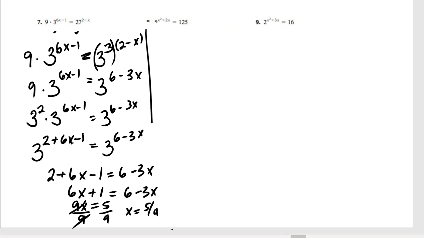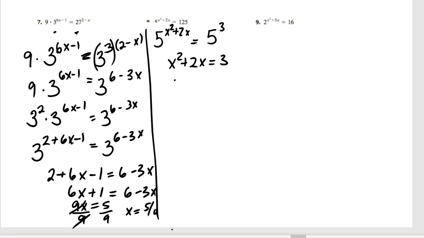Okay, let's move on to our next problem. We'll try number 8. So this one here I can see is a base 5. So I want to make 125 with a base 5. So that's the same as saying 5 to the 3rd power. So I'll equate the exponents.